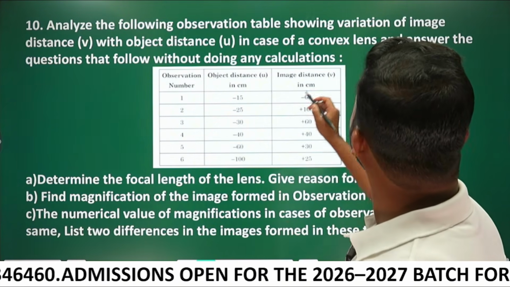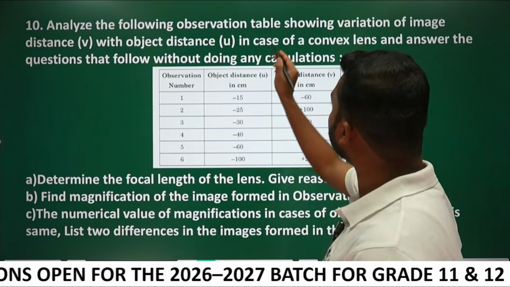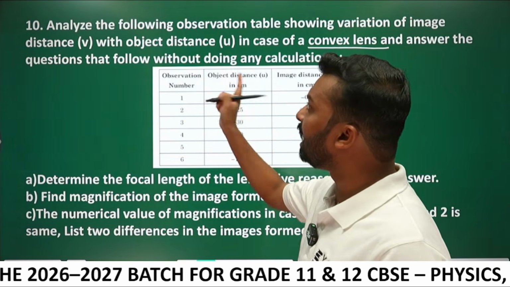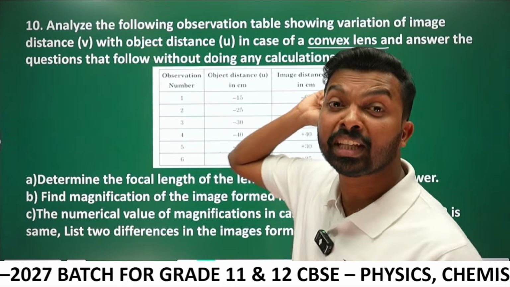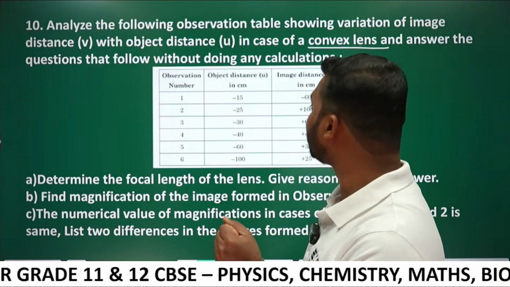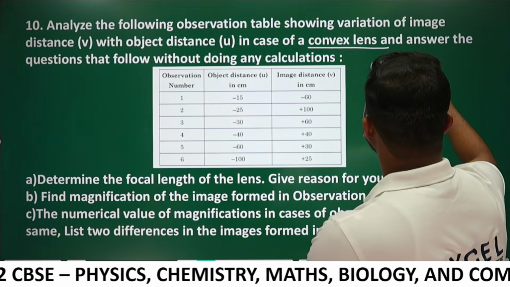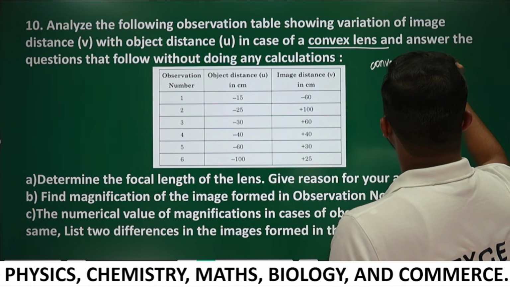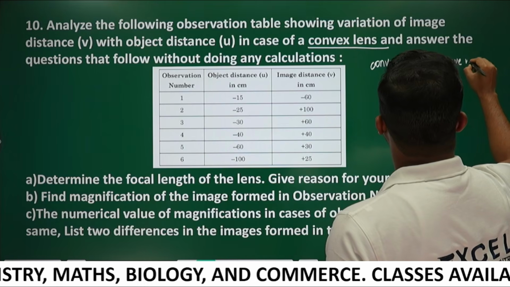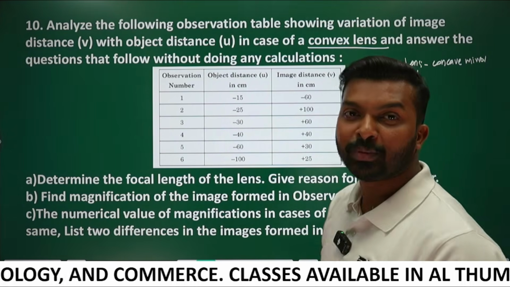So this is basically object distance given and then image distance given. They have specifically said this is a convex lens. This particular question can be asked in the case of concave mirror also. The easiest way here is, always remember one thing: in the case of convex lens and in the case of concave mirror, there is one interesting thing.